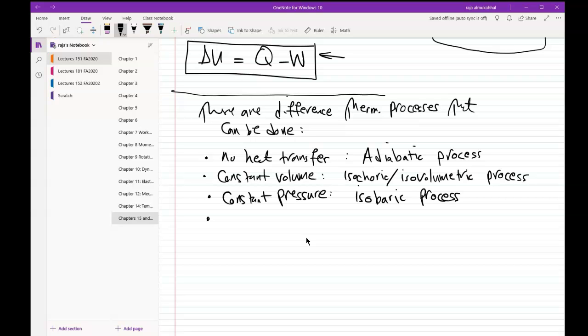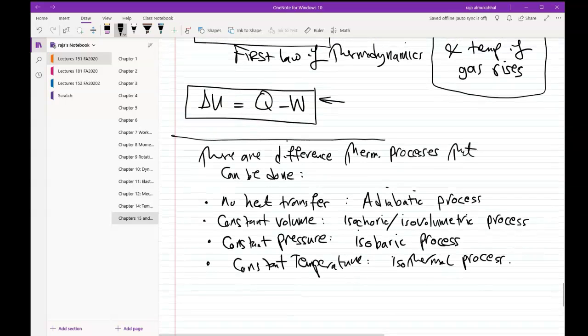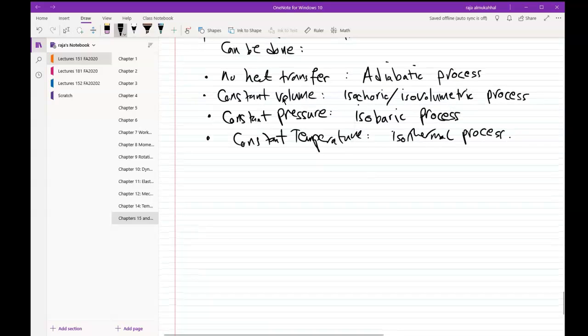In other words, change the volume or change the pressure at constant temperature. And that's called an isothermal process. We'll take them one by one, and while we're doing that, we're going to be applying the first law of thermodynamics, this one. Okay? All right.